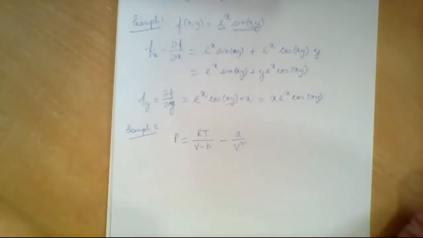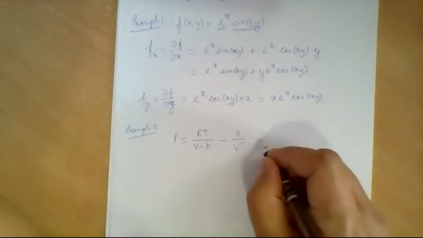In this expression, P is the pressure, T is the temperature of the gas, V is the volume of the gas, R is the molar gas constant. A and B are constants that depend upon the gas.